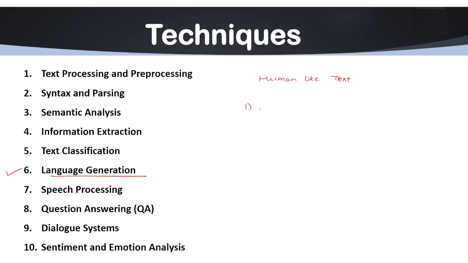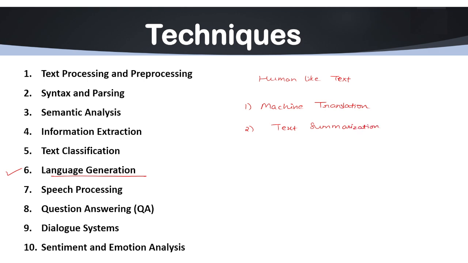Under language generation, we have basically 3 sub-techniques. The first technique includes your machine translation. So automatically translating text from one language to another is done by machine translation technique. Another is text summarization.